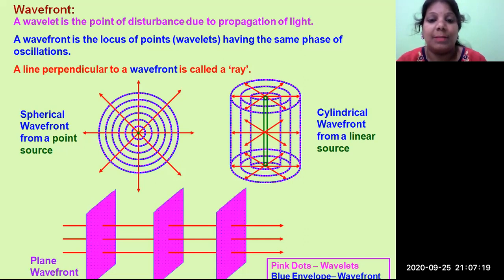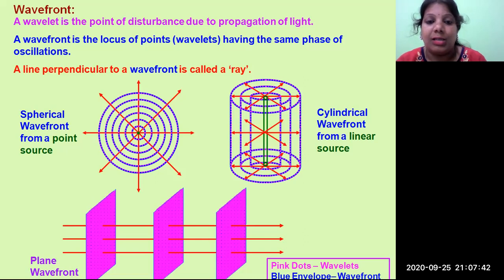Plane wavefront is nothing but... an example for plane wavefront: consider a tube light. The disturbance propagates in all directions from the tube light. Then completely wrap the tube light with a black sheet, and cut a rectangular shape in that black sheet.